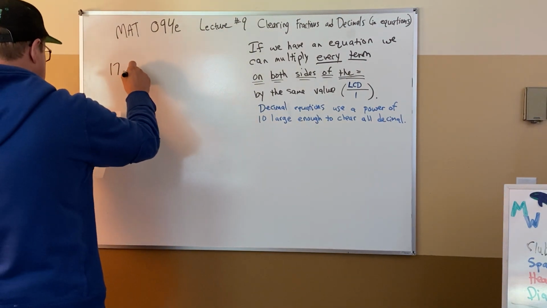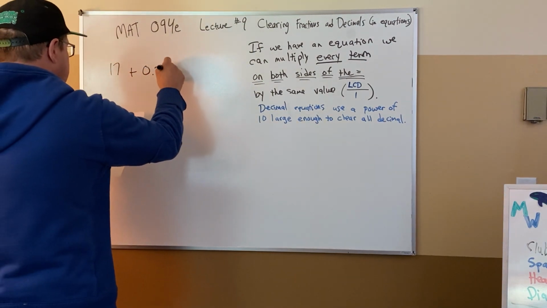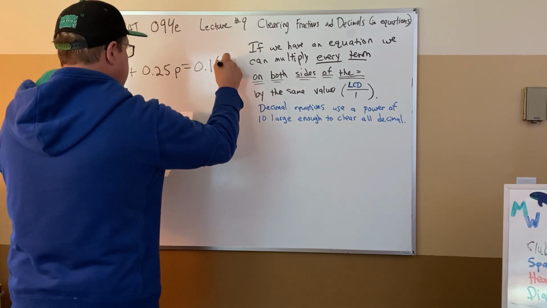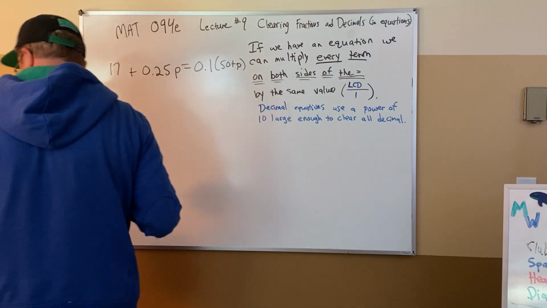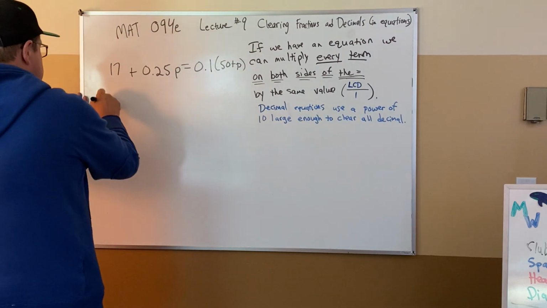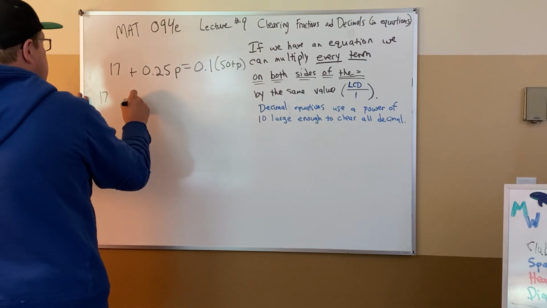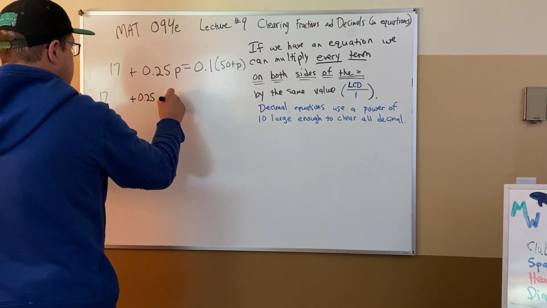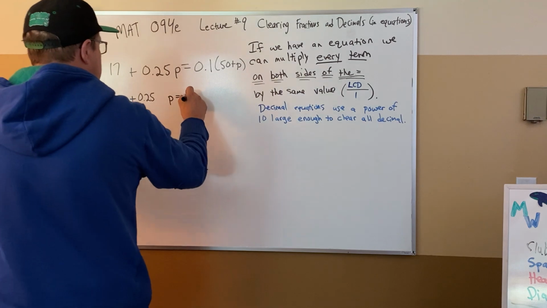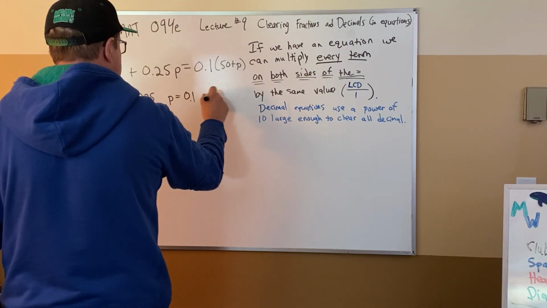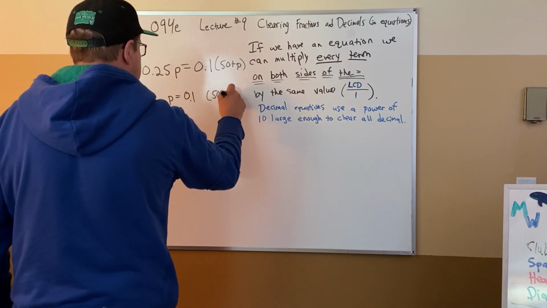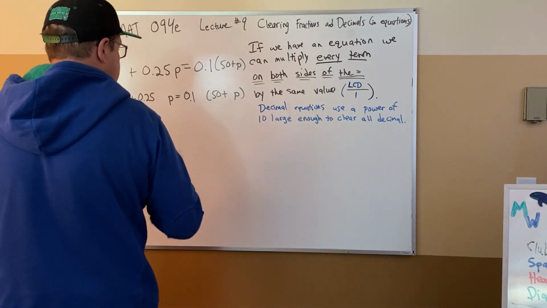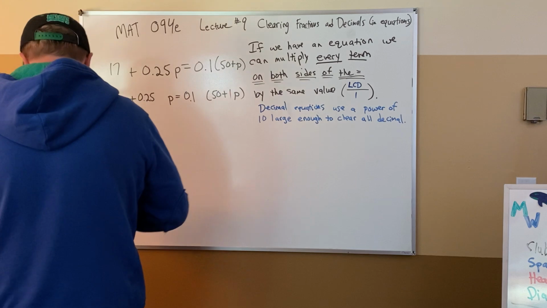17 plus 0.25p equals 0.1 times 50 plus p. Okay, I'm going to rewrite it. 17 space 0.25 space p equals 0.1 space 50 plus p, which is actually 1p because it's behind that plus sign, like that for distributing.